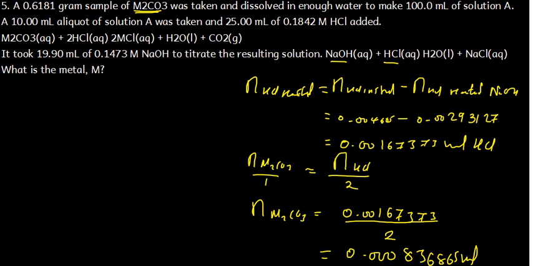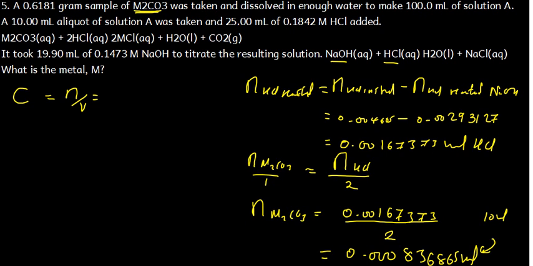So determine now the number of moles of this compound M2CO3. This one we've already said is in 10 milliliters. We can first find the concentration. The concentration of our compound is going to be number of moles over volume.